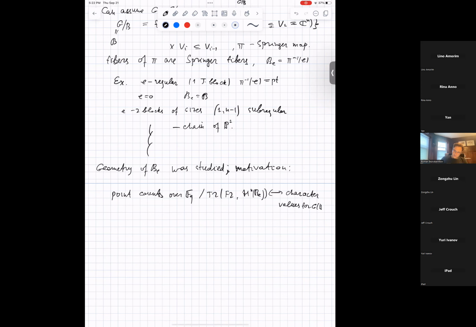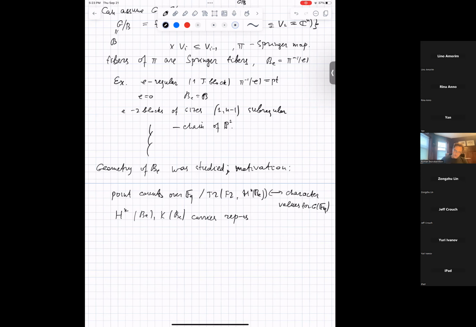For G of Q. And then this cohomology or K-theory realizes various representations.